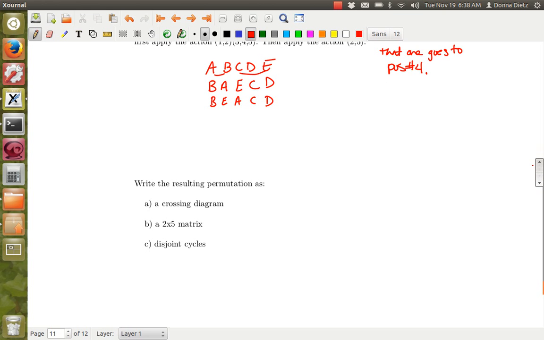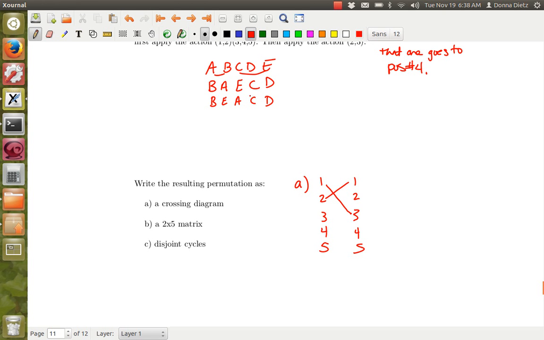Okay. Write the resulting permutation as a crossing diagram. You could do 1, 2, 3, 4, 5, or A, B, C, D. The guy who's in position 1 ended up in position 3, and the guy who's in position 2 ended up in position 1.